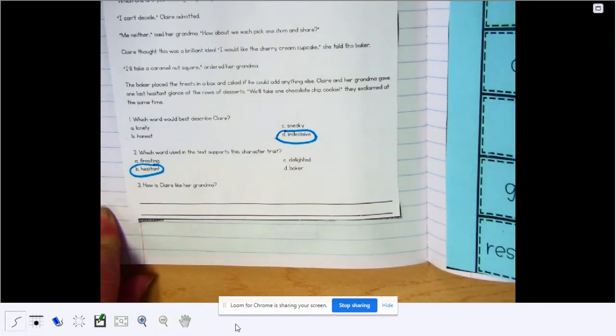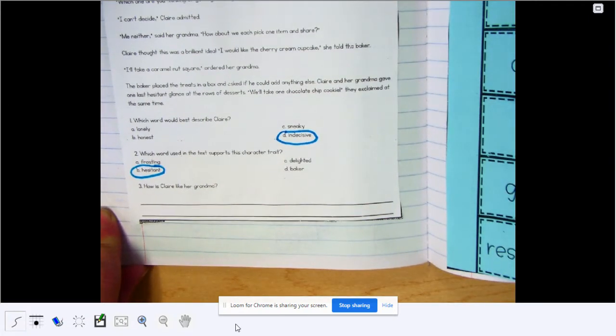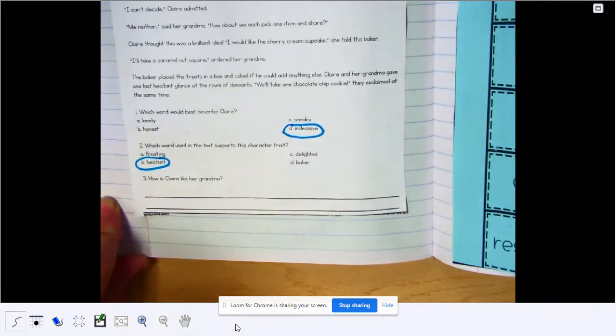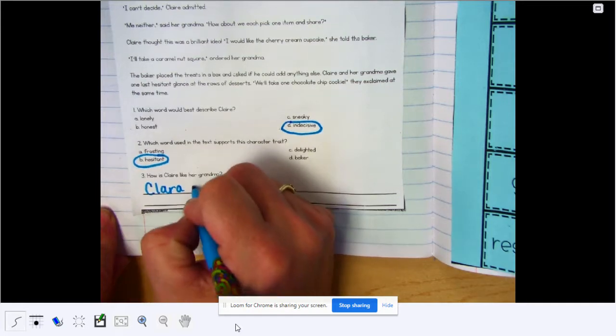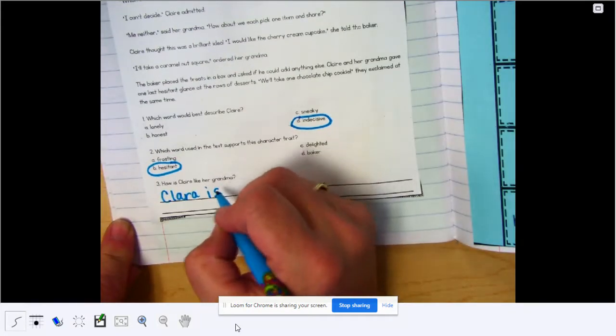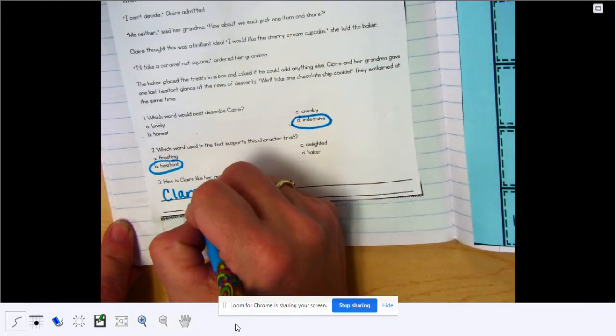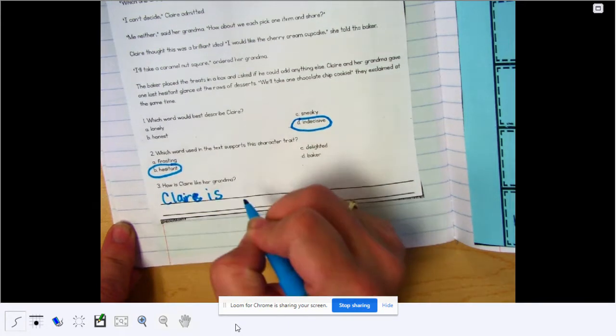Number 3, how is Claire like her grandma? Okay, we're going to write a complete sentence. Claire is... oh, I spelled her name wrong. Claire. Oh, goodness, kids.